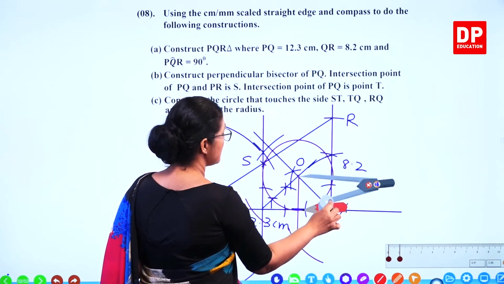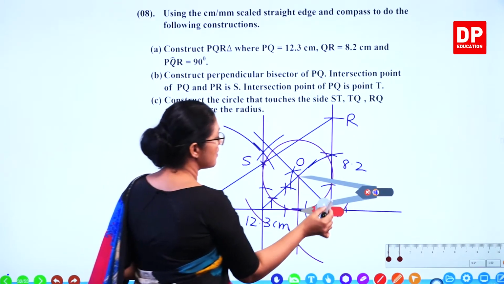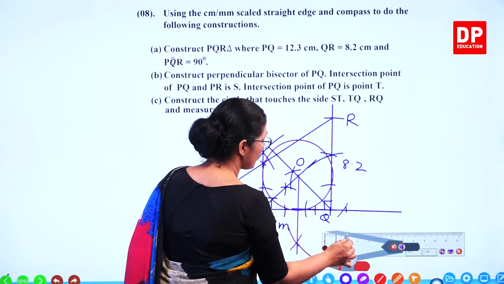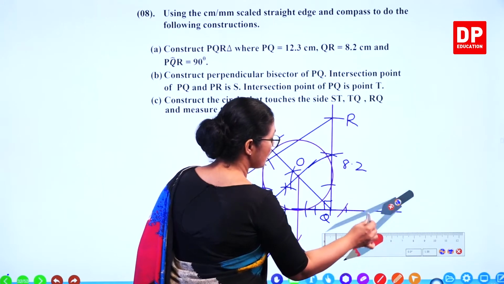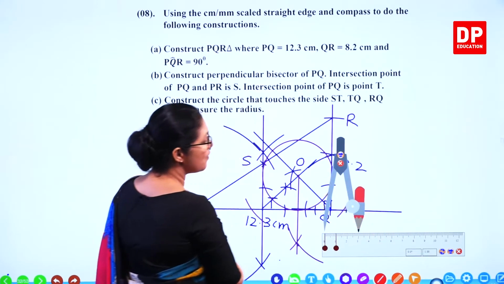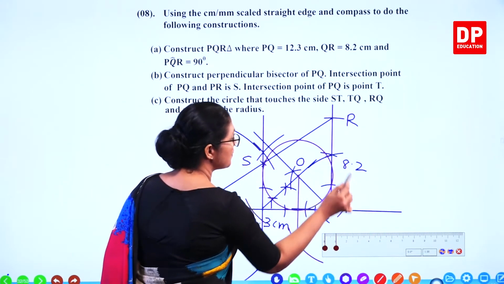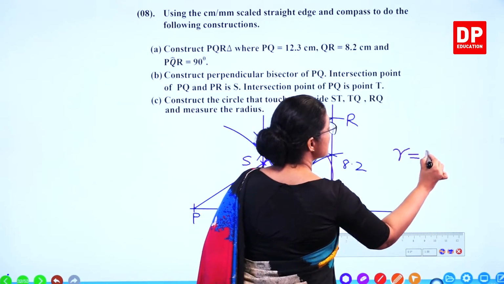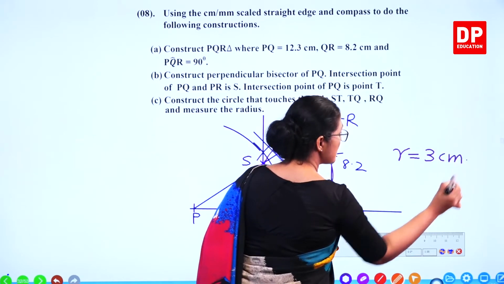So the radius is this. So we'll measure it. So you get 3 centimeters. So the radius of the circle is 3 centimeters.